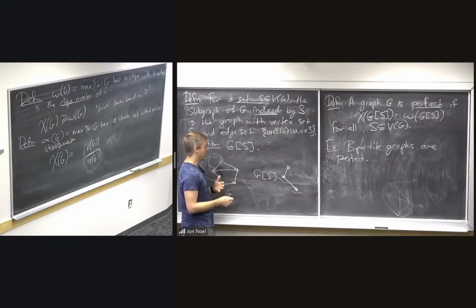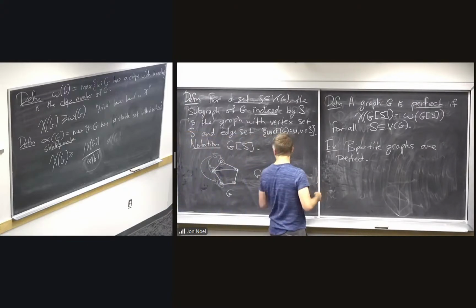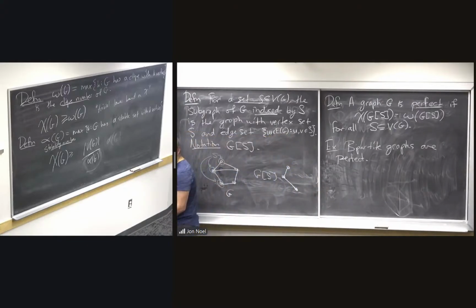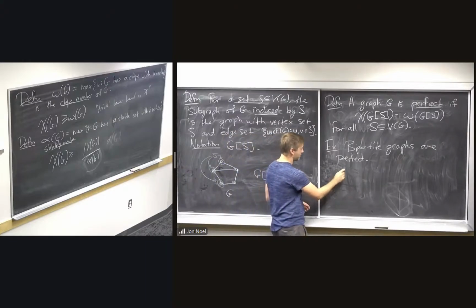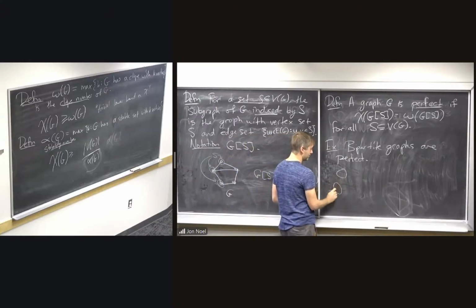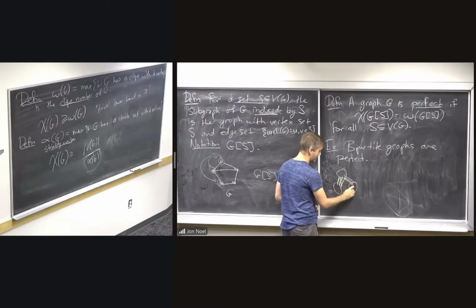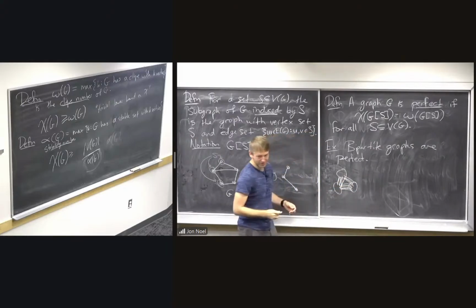There are various other examples. If you have a complete multipartite graph like this, then that should also be a perfect graph.